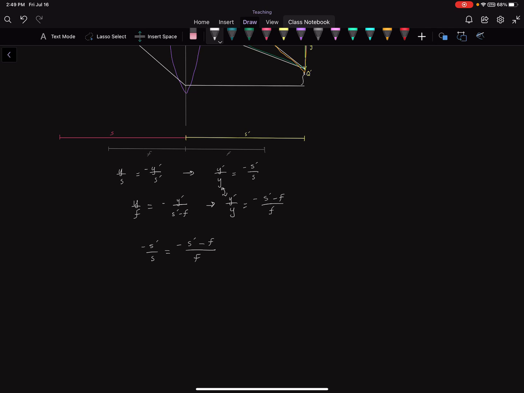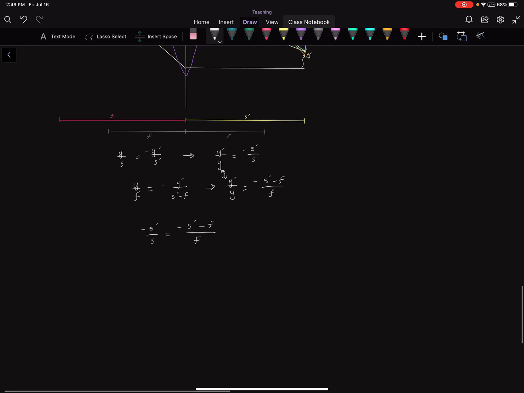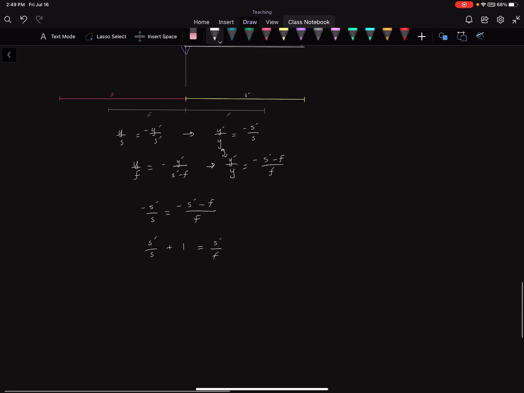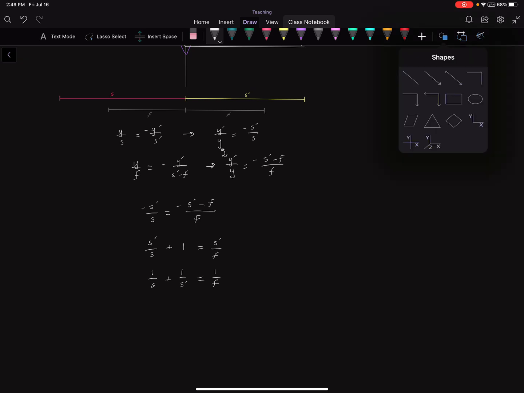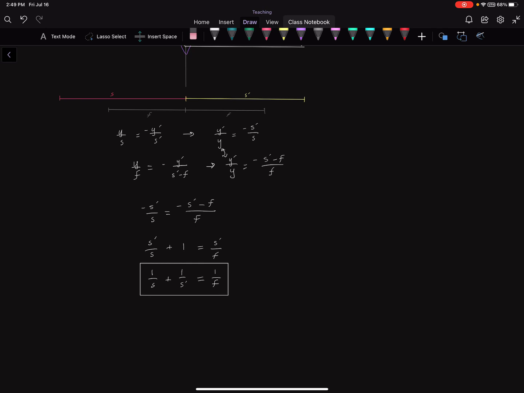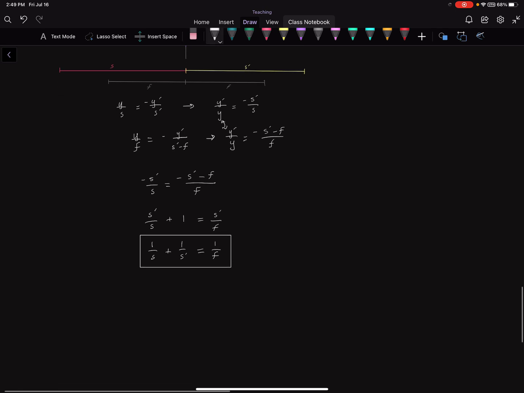And so dividing by s prime, and we get s prime over s plus 1 equal to s prime over f. And divide by s prime, and you get 1 over s plus 1 over s prime is equal to 1 over the focal length. This here is the thin lens equation. Boom. Simple as that.